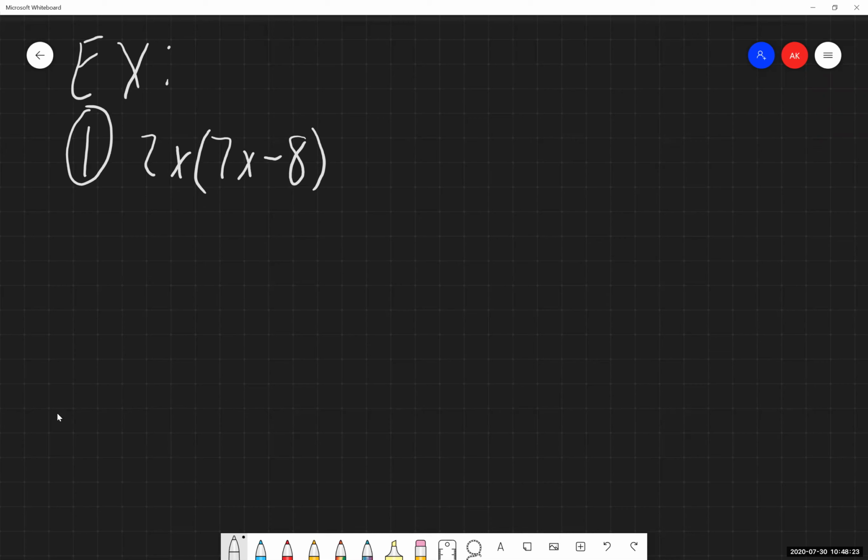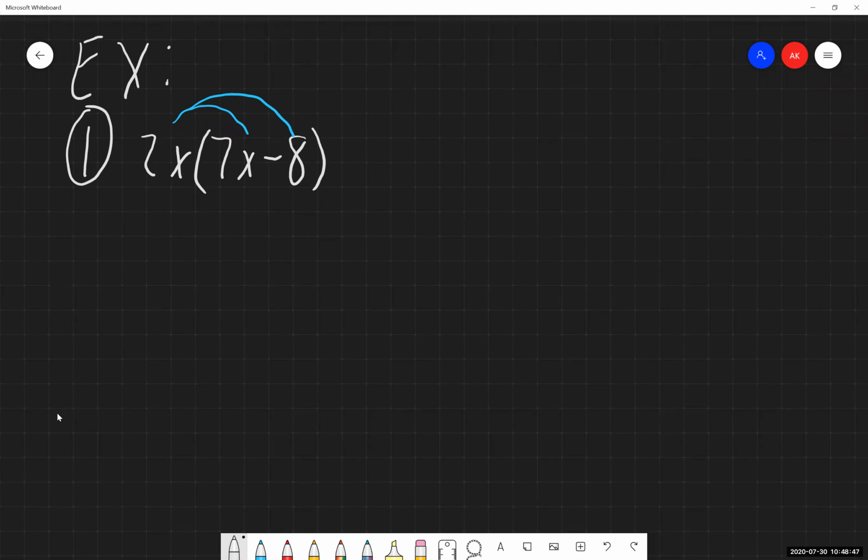They are not like terms. I don't have any exponents showing up. I have multiplication, the point of what we're doing here today, multiplying polynomials. So this 2x is going to distribute through to both terms inside of this binomial.